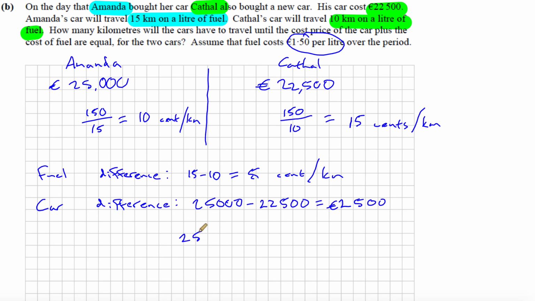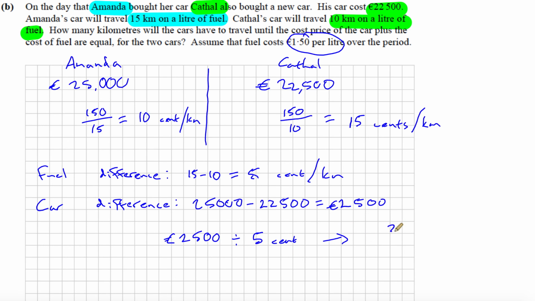So what we need to do then is divide the 2,500 by the 5 cent. Now 2,500, that's euro, divided by 5 cent. So we've got to make sure the units are the same.